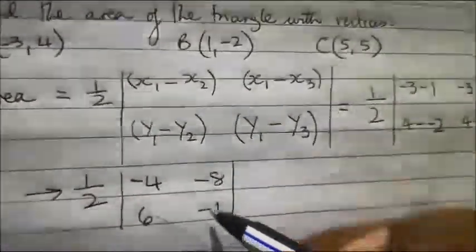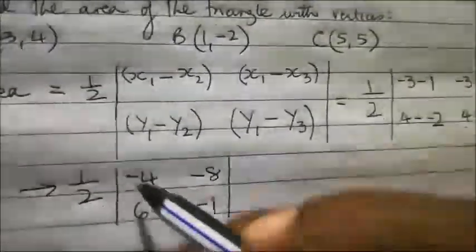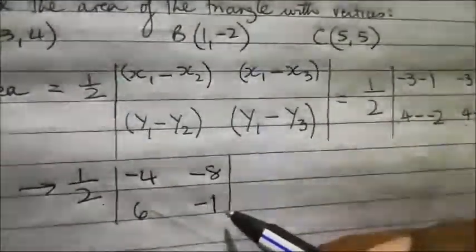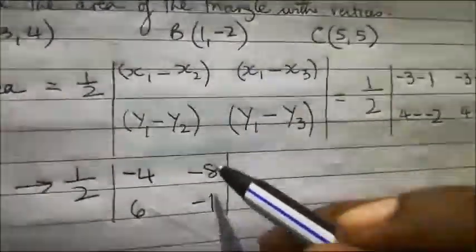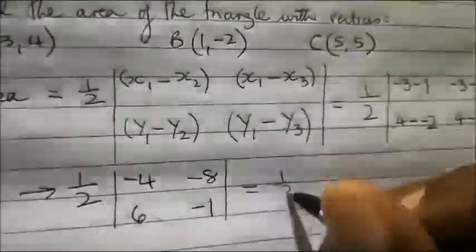We're going to multiply the first leading diagonal, and we're going to subtract the multiplication of the second diagonal. So this is going to be equal to half. Now this will actually give us the area.